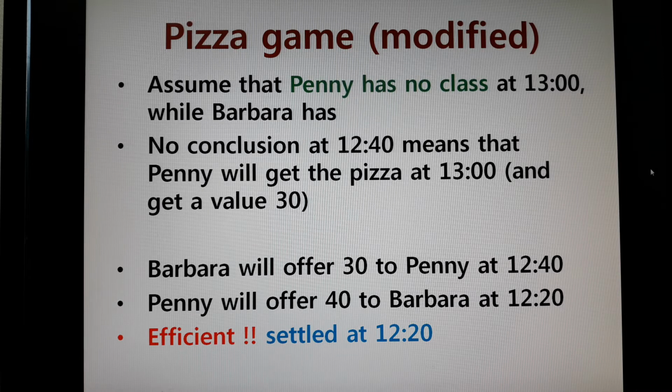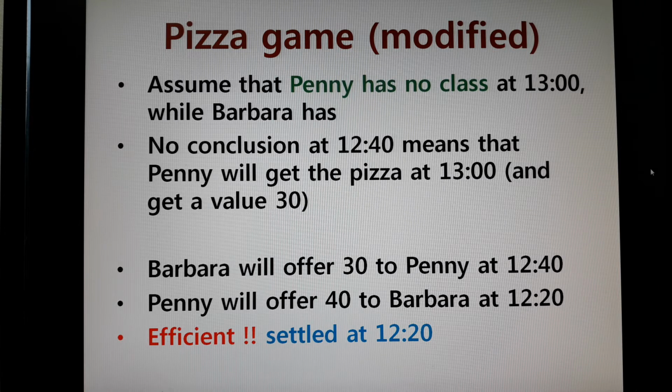So in order to get the efficient result, both Penny and Barbara should resolve their differences as quickly as possible and make an agreement at 12:20. Whether Penny has a class or not, they do that. They make an agreement at 12:20.